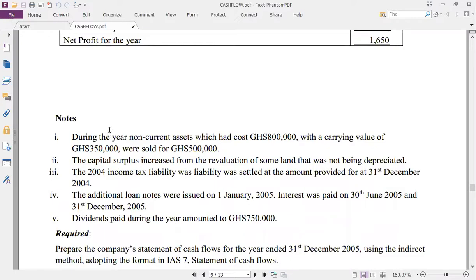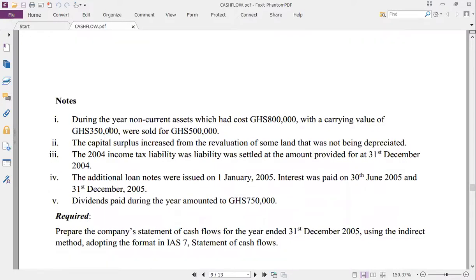So during the year, non-current assets, the cost is 800,000, with a carrying value of what?